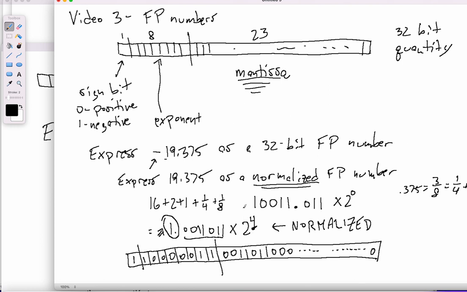Okay, let us just recall that this number here is 131, which means we should interpret this as being 2 to the 131 minus 127, which is 2 to the 4th. So this is expressing the exponent right over here. This over here is expressing the mantissa, what is to the right of the decimal point.